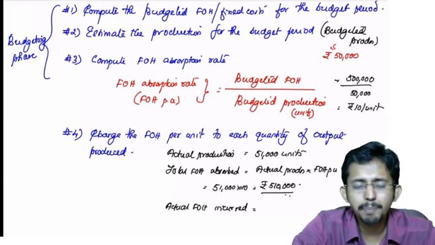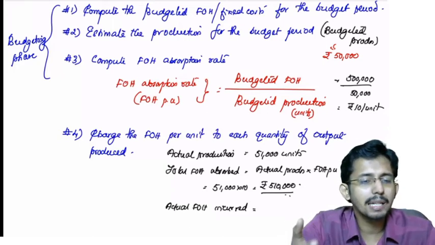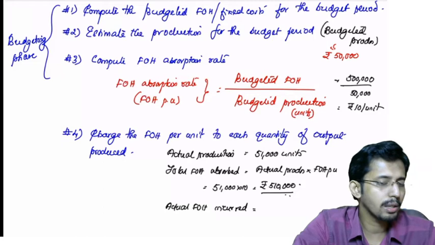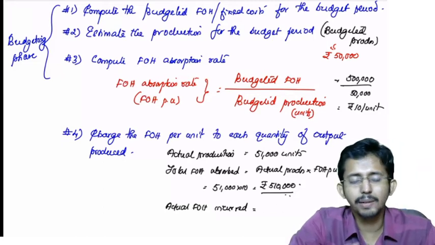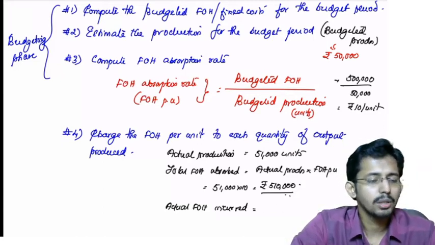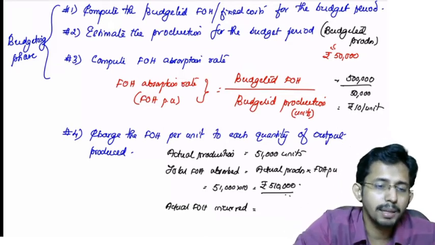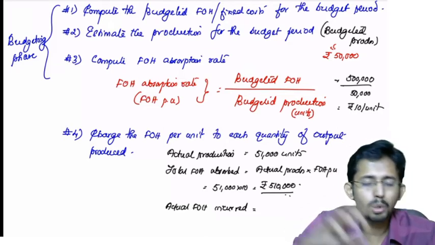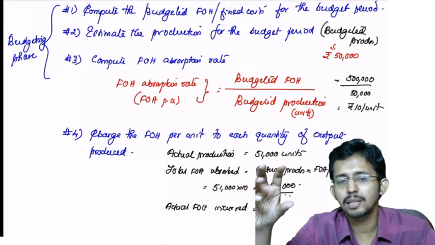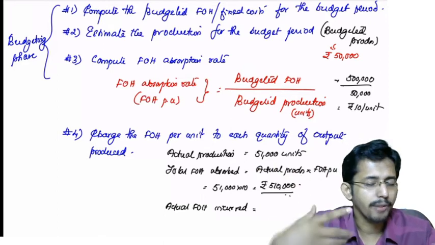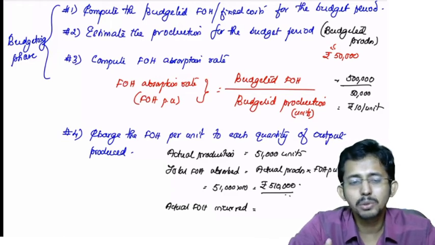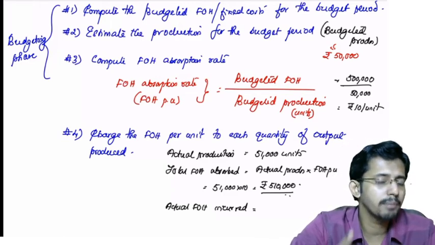But it may be like you end up paying 1,10,000 or 95,000, or even 1 lakh itself. Okay, so the point is actual fixed overhead could be different from the budgeted. Though you have budgeted your fixed overhead based on certain factors, those factors may change, due to which your actual FOH may be different from the budgeted FOH.